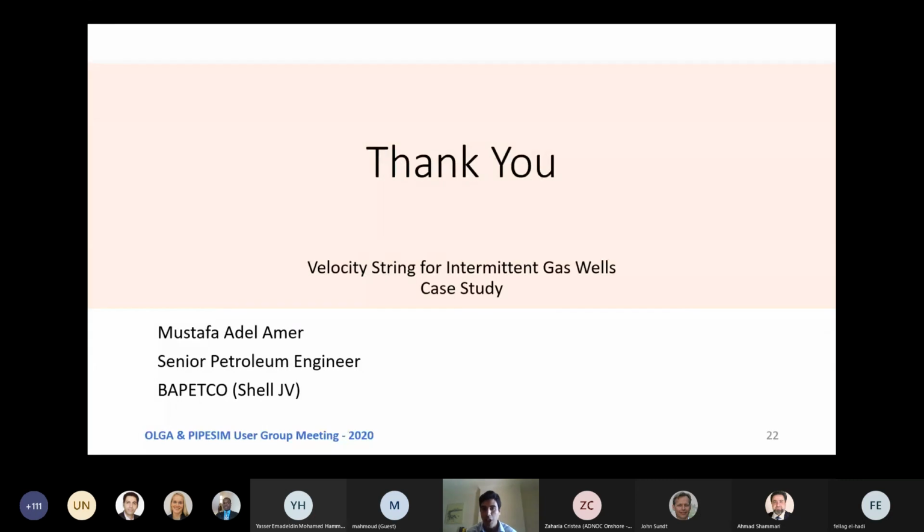Are we going to achieve a liquid loading velocity ratio that's less than 1 or not? And also the rate of the logarithmic depletion of wellhead pressure. Okay, thank you.